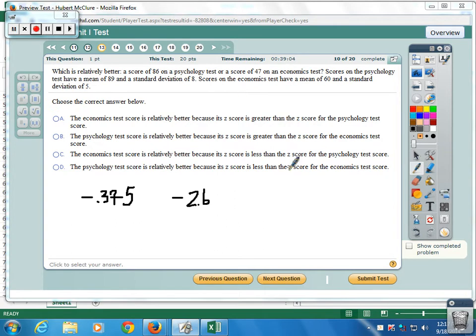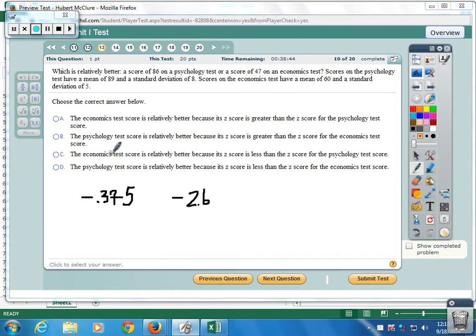Exactly. When you're talking about test scores, you go with the lowest Z-score, because that means that you scored better. The 2.6 means that you really out there in what? Left field. That you really failed. So in this one, you would go with the psychology test.